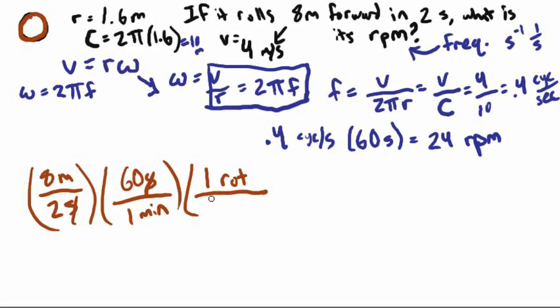So 2 pi r, or 10 meters. Alright, so my meters cancel out, and now I'm down to rotations per minute. So again, 8 divided by 2 is 4, 4 divided by 10 is 0.4, times 60. So this will come out the same as before: 24 RPM.